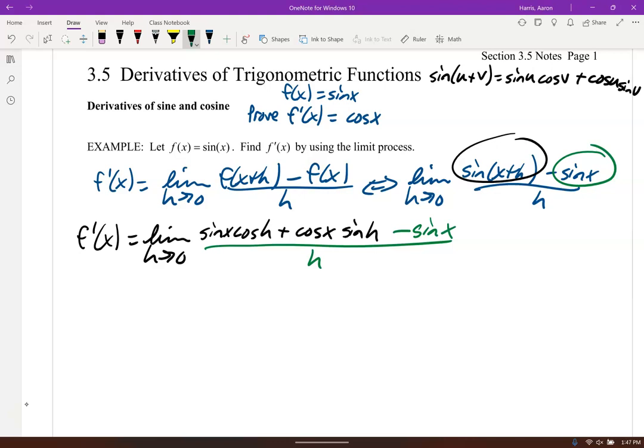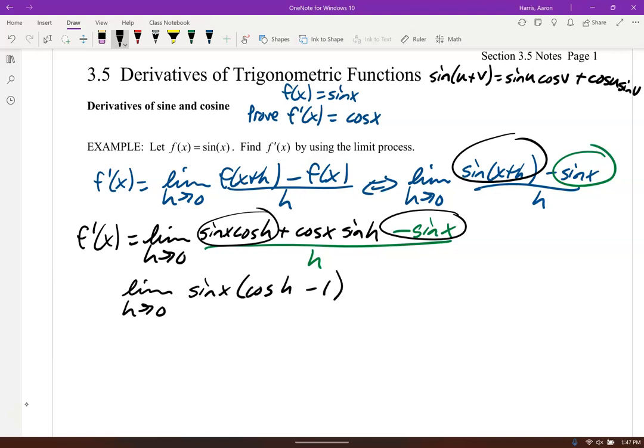Okay. And what I'm going to do is take a sine of x out of those two terms, and I have cosine of h minus 1. And then over here I've got cosine x sine h, and this is all over h.